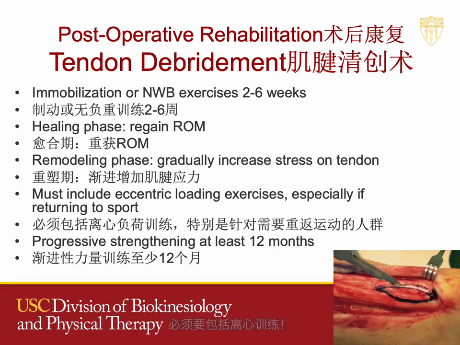And then we also need to make sure we are including eccentric exercise. Eccentric. You guys hopefully have heard this before. This is all over the research with tendon injuries and post-operatively, when it's the right and appropriate time to start loading eccentrically, which usually, again, is not right away.